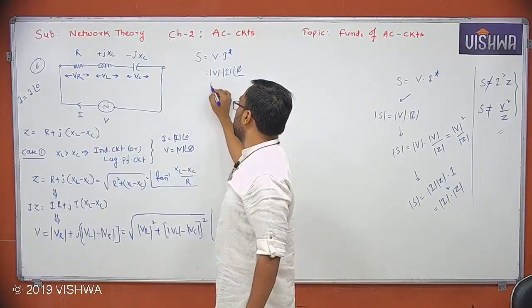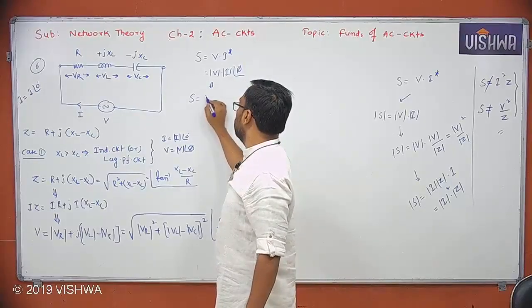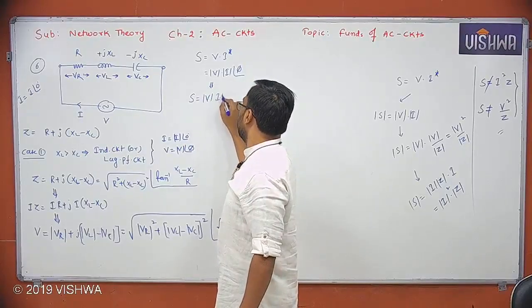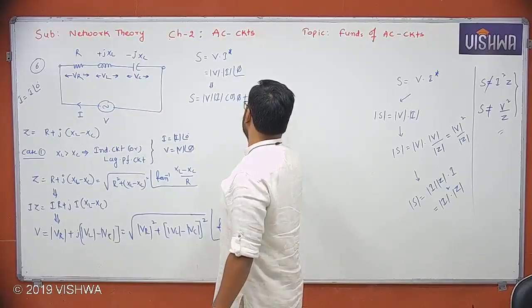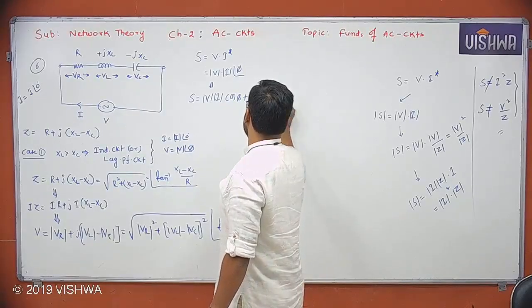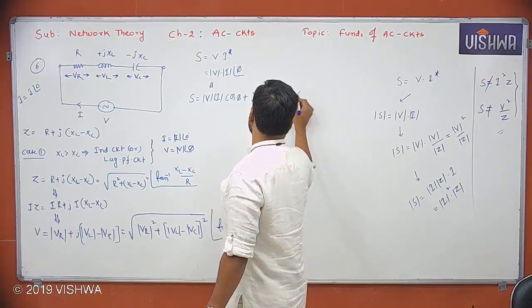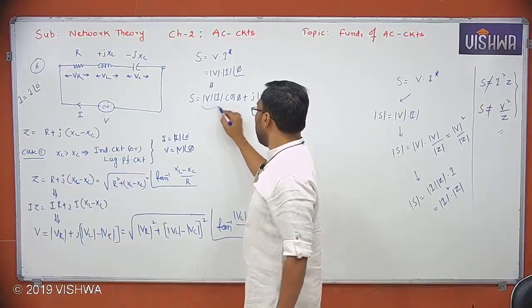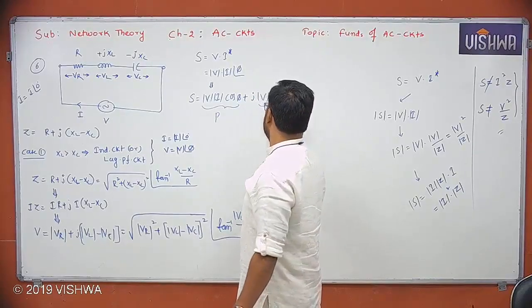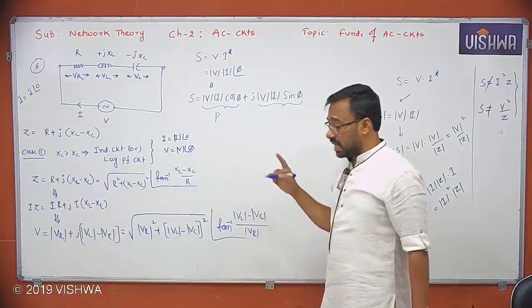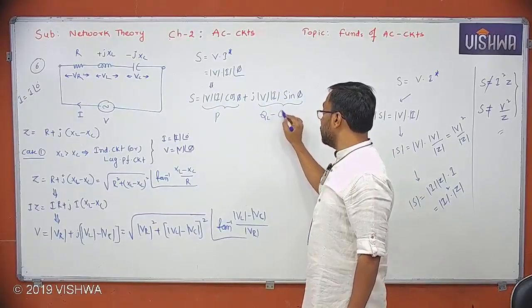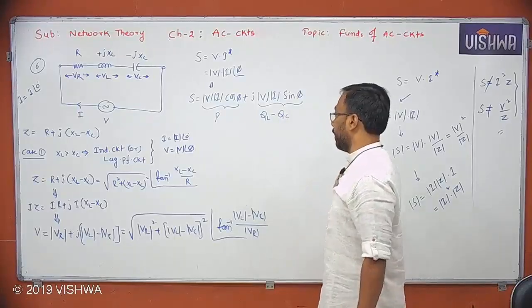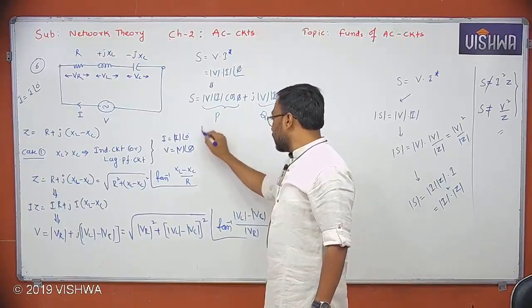So from this we understand S is equal to VI cos phi plus J VI sin phi. Get it? So this is the active power, and this is the resultant reactive power, QL minus QC. Very important.